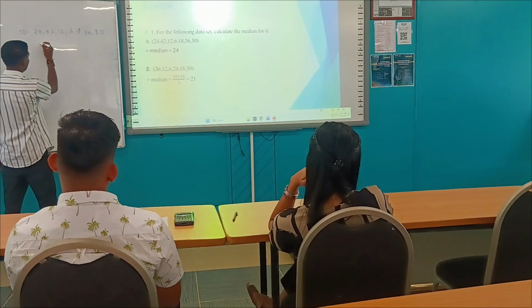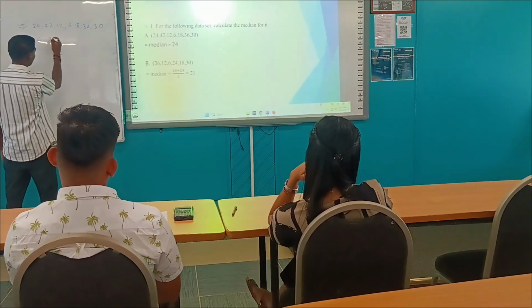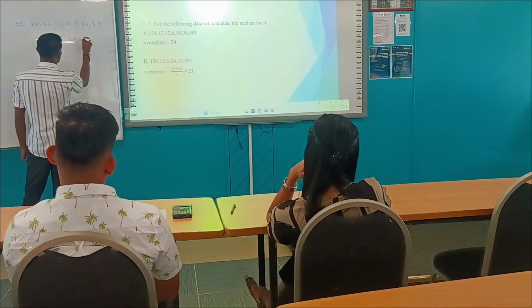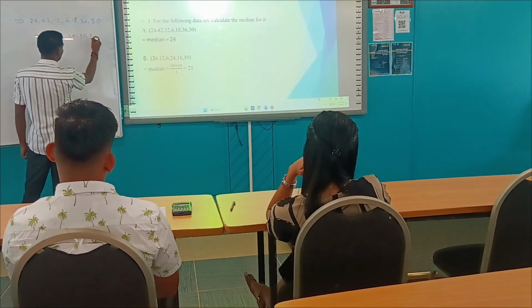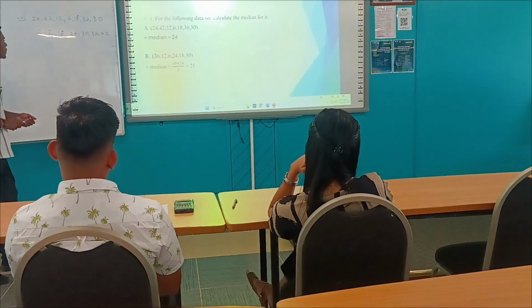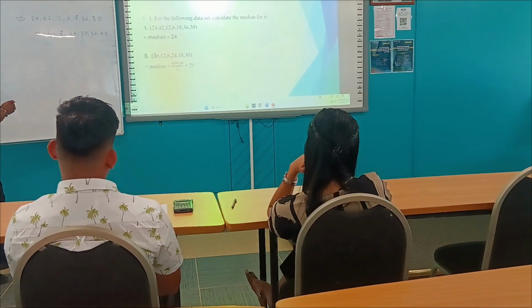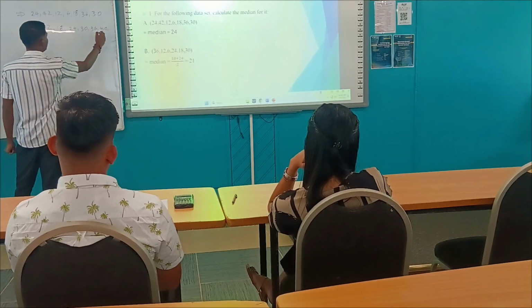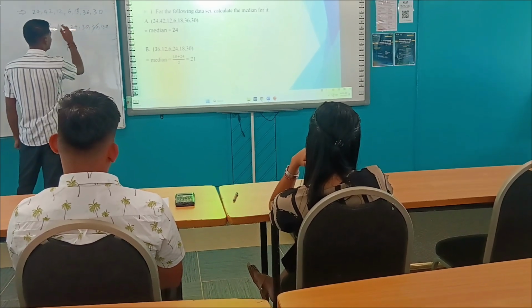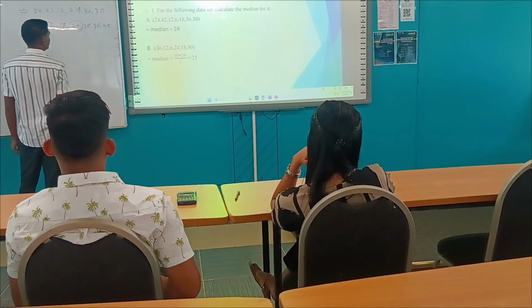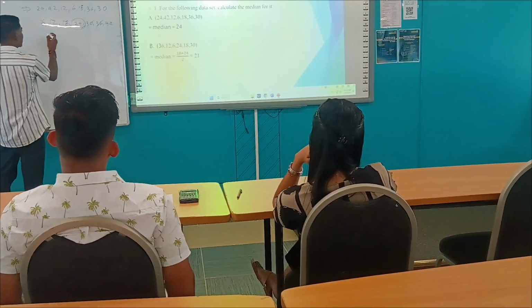So we will do that. After that, we are going to cancel out from the left and right hand side equally. We are left with 24, which is an odd number, so that's the median in this case.